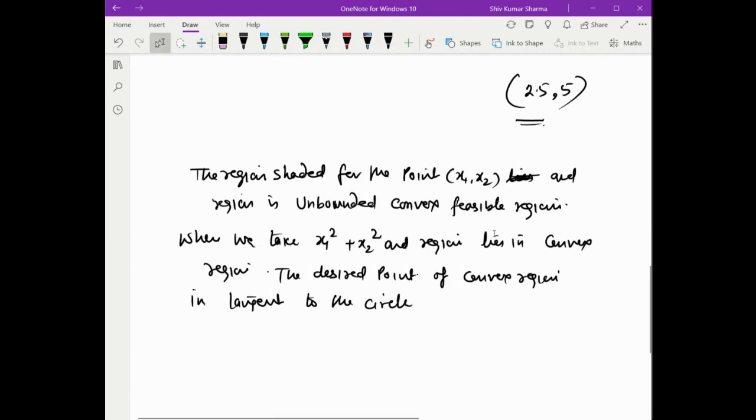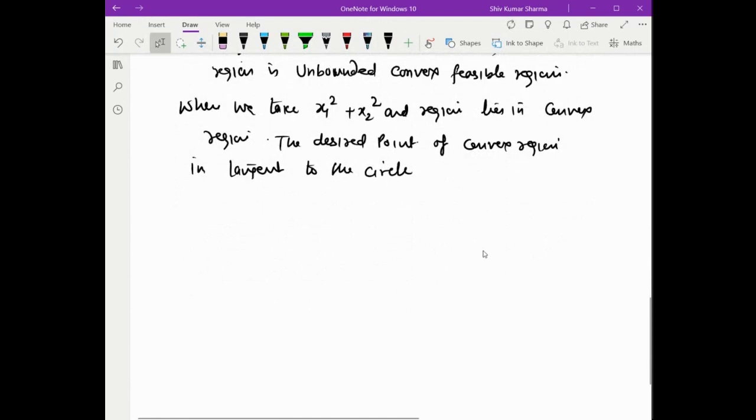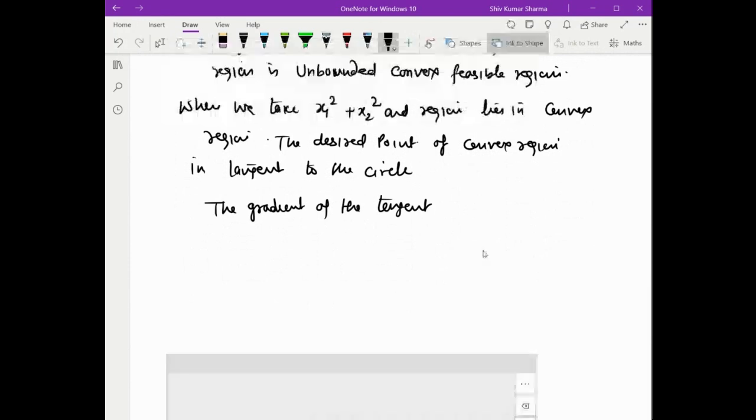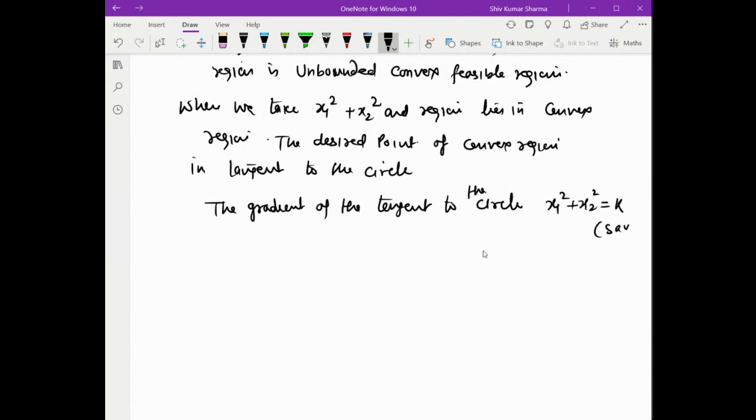The gradient here, we find out the gradient of the tangent to the circle x1 square plus x2 square is equal to k. We assume that k. So we have the maximum or minimum z. So minimum z we assume that k.